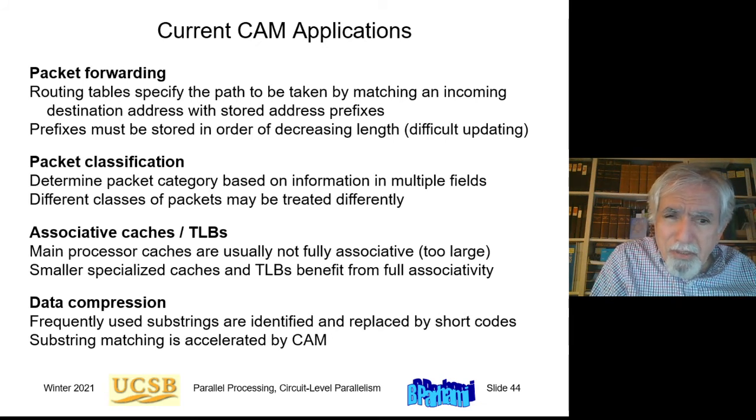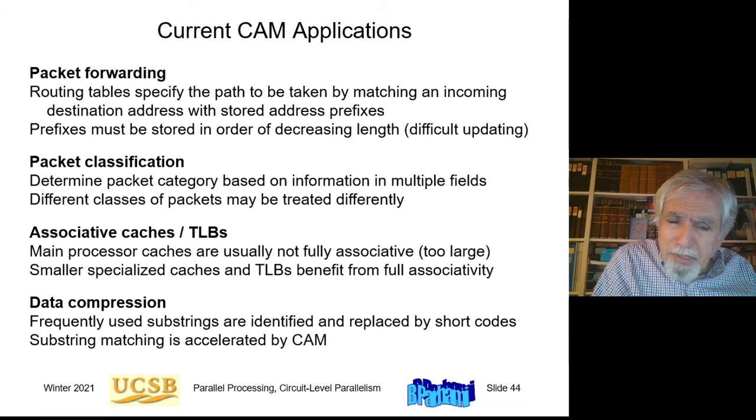Associative caches, and the translation look-aside buffer, which is a form of cache, can also be implemented using associative memories. A TLB typically contains a few tens of entries, not very many, maybe 64 entries.